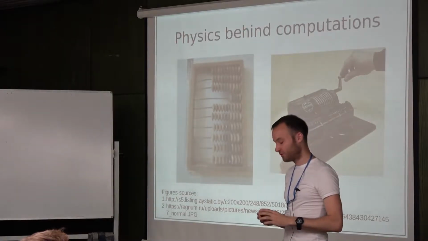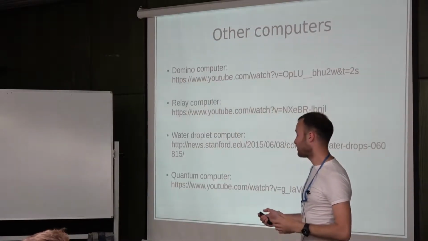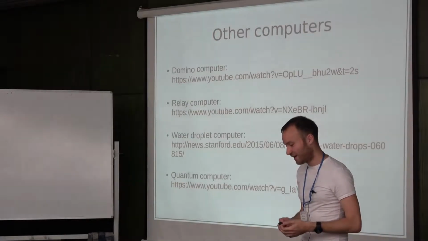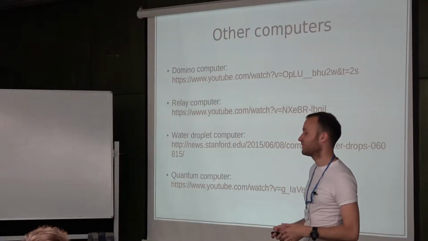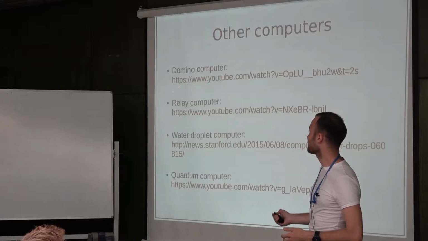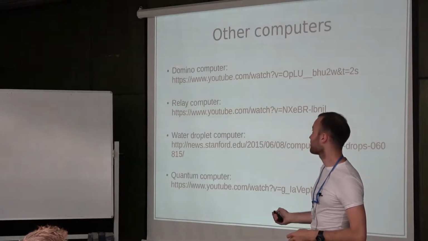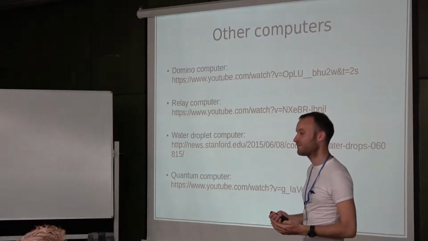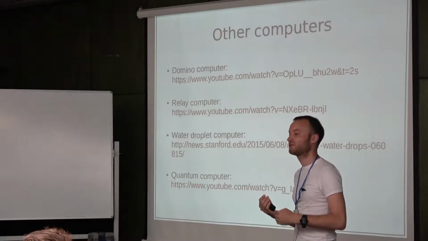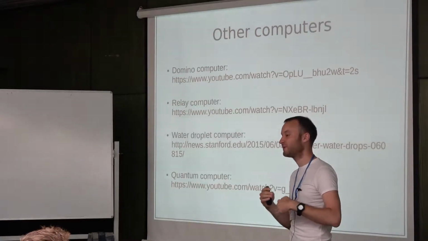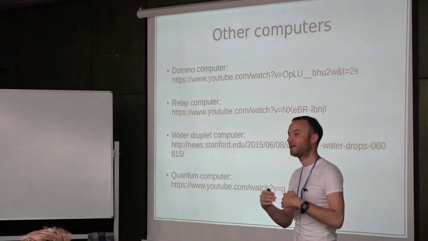But before we move to transistors, I will give a quick overview of other computer types that we have. Some of them are really hobby projects. So I will upload this presentation on the web page. So domino computer, this is literally made of domino blocks. If you put them in a sequence, they mimic current behavior.